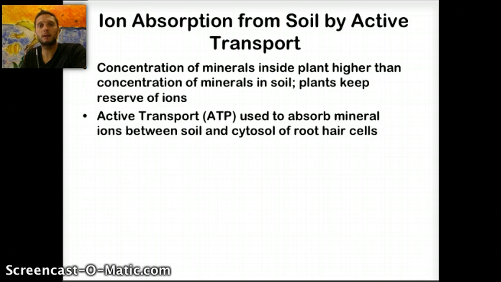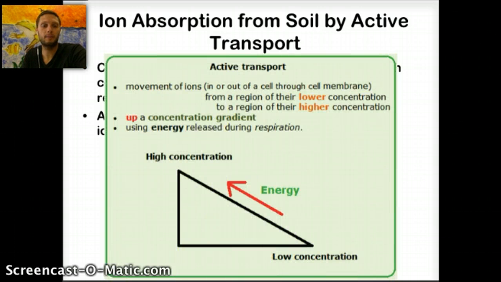And so if we take a quick look back at what is happening in active transport, this is the process in which minerals or whatever it may be are basically being moved from areas of low concentration to high concentration. And in order for that process to occur, as we talked about, energy is needed. And so ATP provides the energy that's necessary to move molecules from an area of low concentration to higher concentration.